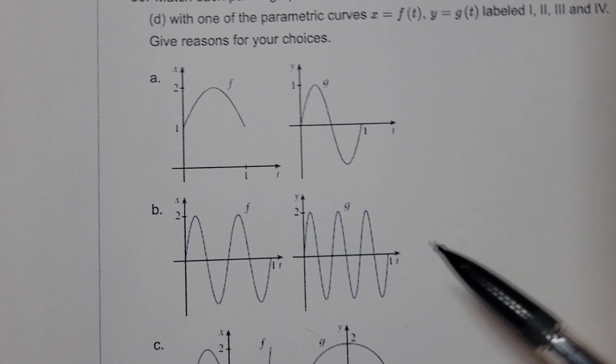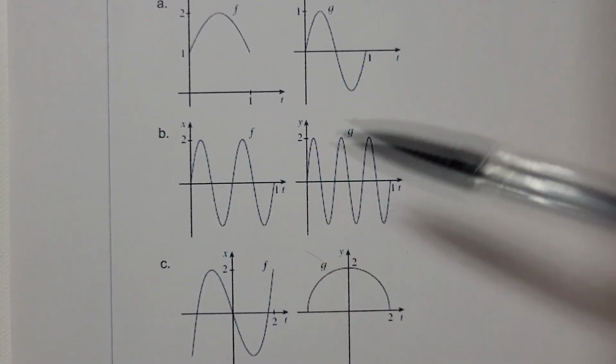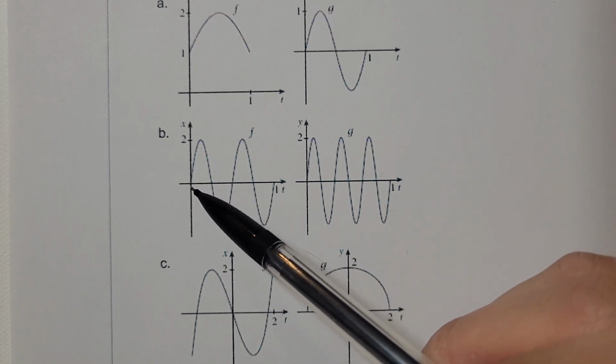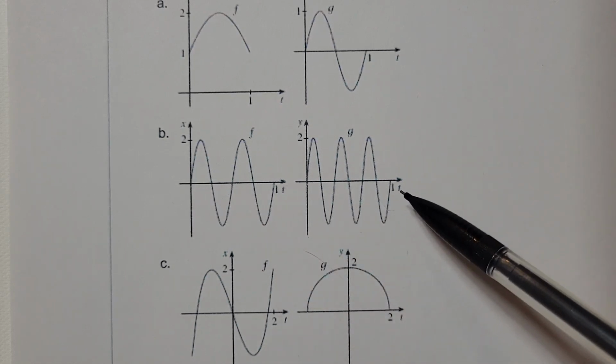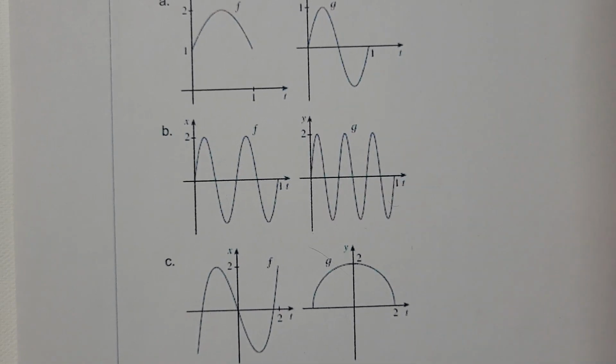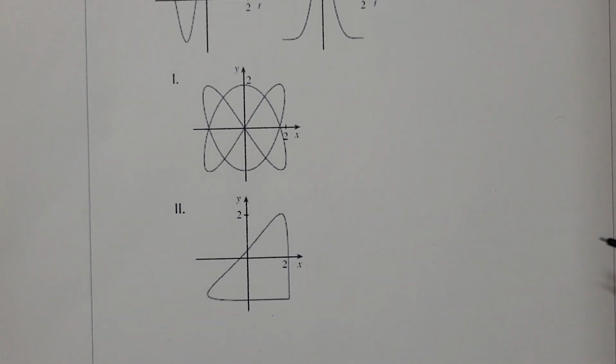And in part B, let me again take t equals 0. If t is 0 here, x is 0. And if t is 0 here, y is 0. So which one of these graphs has the point 0, 0 on it?